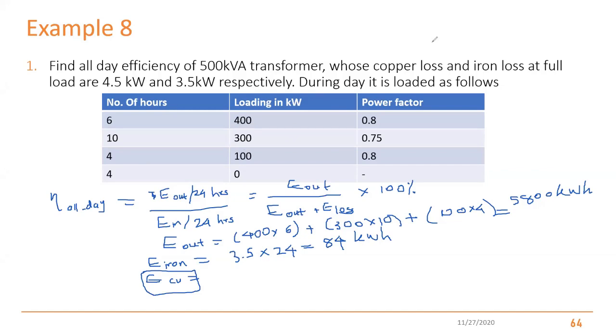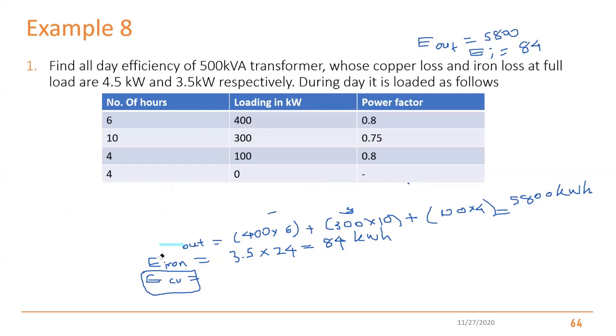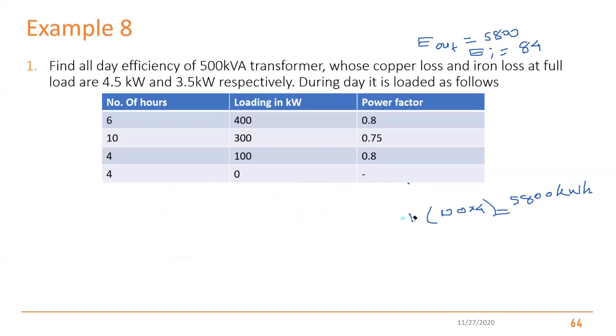Okay, first let's write this E out as 5,800 and E iron as 84. Right, now what I want to find out is copper loss.